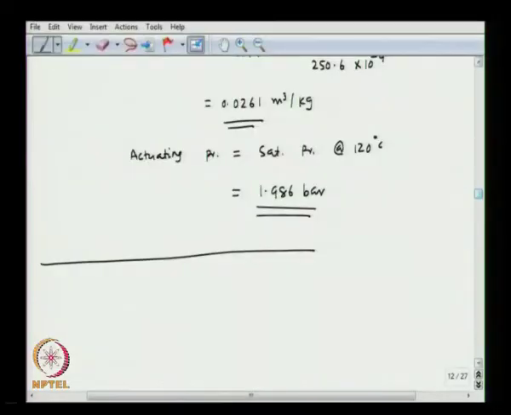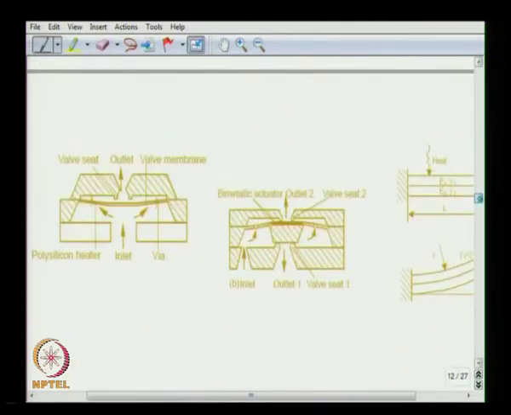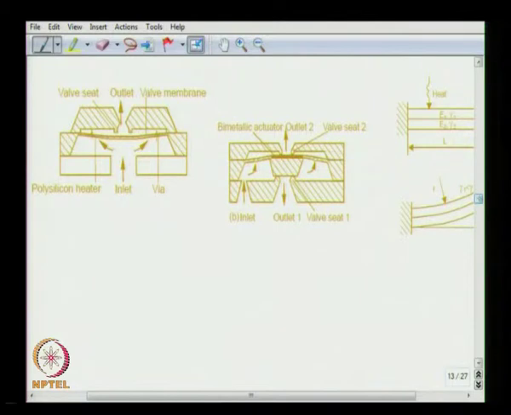The supply of heat to the membrane is going to actuate the membrane because of the expansion and contraction. Okay. So, let us look at thermomechanical actuators.